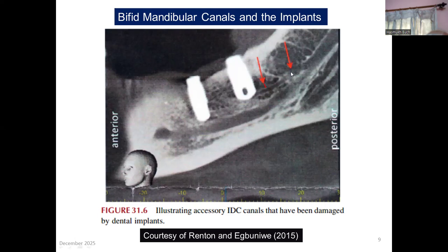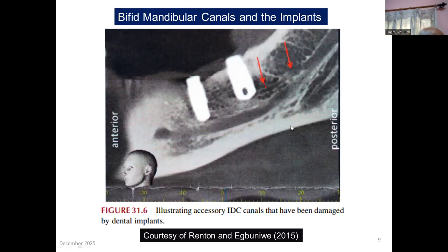And that arrow probably shows the beginning. Okay, this is that accessory canal. Based on the work of Renton and Niu, 2015.